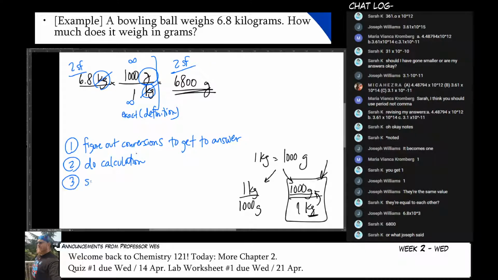And finally, check your sig figs. Okay, that'll be our 3-step process. Step 1 is going to be very complicated as we go on because our problems are going to get more and more complex. This is the simplest problem that we have. But that's our goal today, is we're going to be spending today just doing conversion problems so that you get used to doing these calculations.